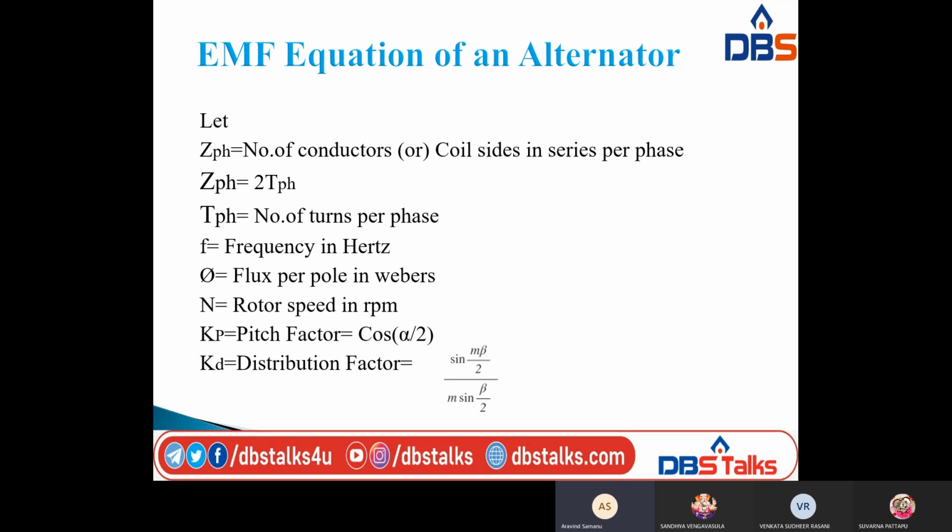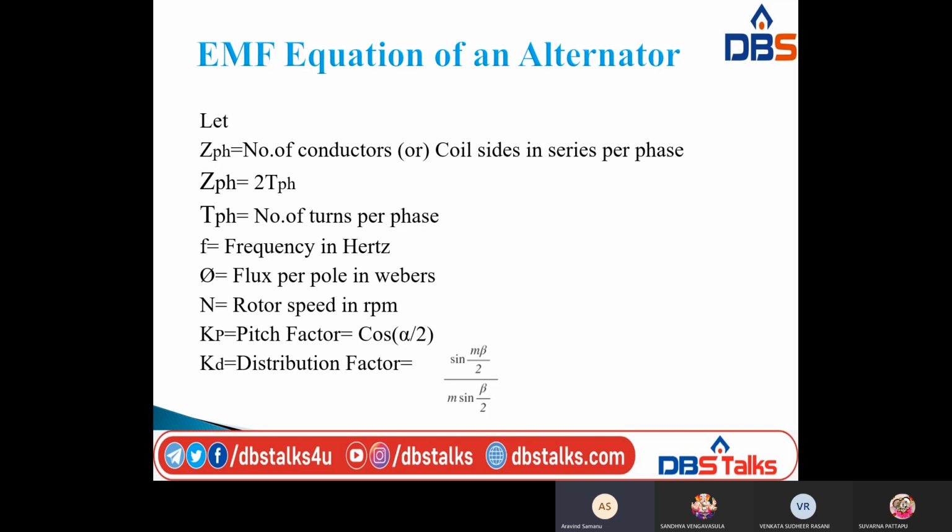Here I am taking Z phase, that is number of conductors per phase. Z phase is equal to 2 into T phase. Here T phase is the number of turns per phase. Z phase is the total number of conductors per phase, and T phase is the number of turns per phase.